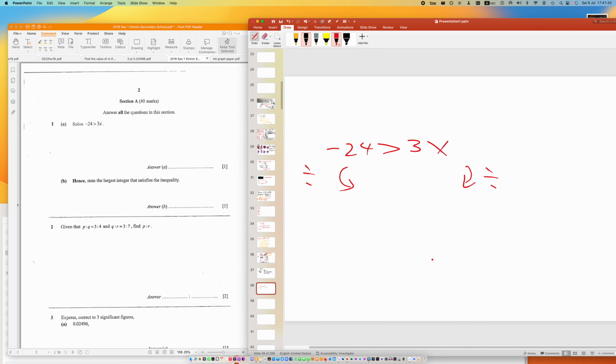Whenever you see a negative number, then no. If you don't remember the rules, then no wonder you cannot do it. Whenever you divide or times a negative number, then the inequality sign has to change. Yes, you switch the inequality sign.